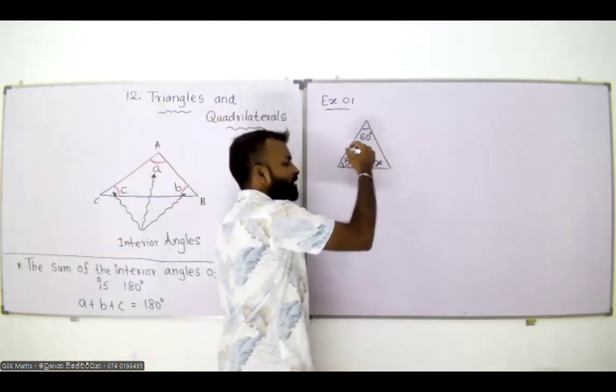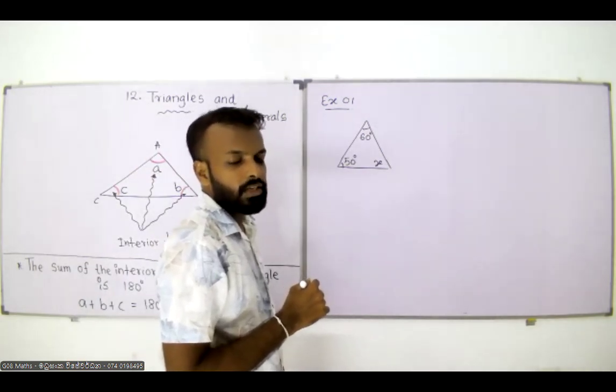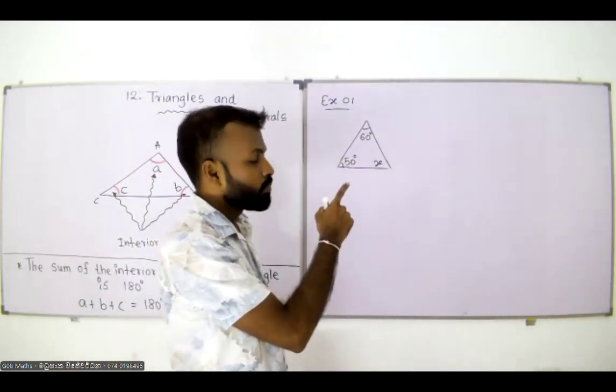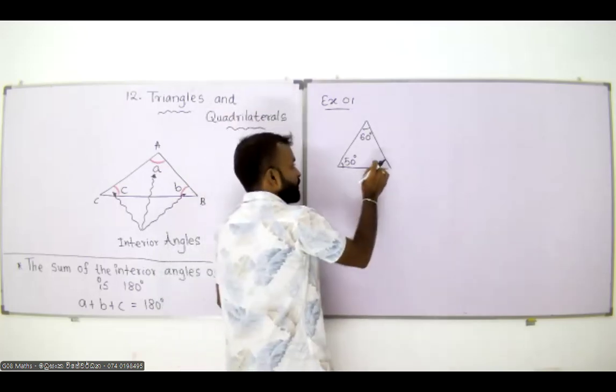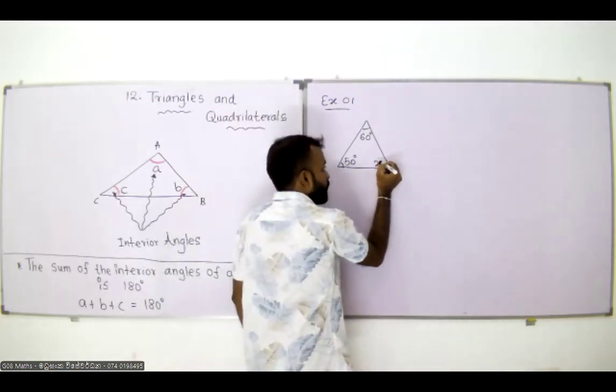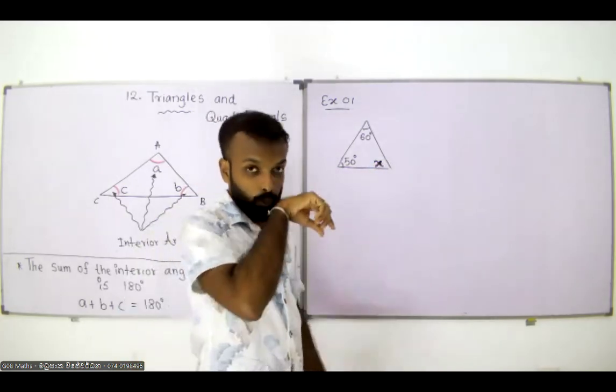If you add the three interior angles together, the summation will be equal to 180 degrees. So you have to find X, the unknown term.